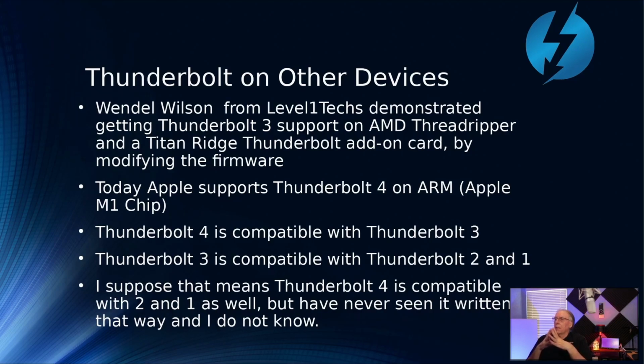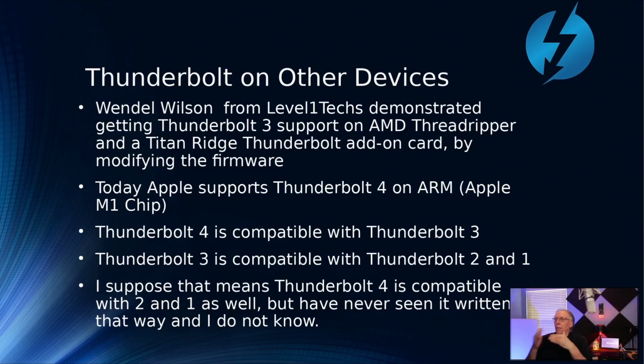Thunderbolt 4 is compatible with Thunderbolt 3. Thunderbolt 3 is compatible with Thunderbolt 2 and 1. I suppose that means by inference that Thunderbolt 4 is also compatible with Thunderbolt 2 and 1, but I have not tried it, so I do not know. It would make sense that if it's compatible with 3, and 3 is compatible with 2 and 1, then ergo 4 should also be compatible with it.